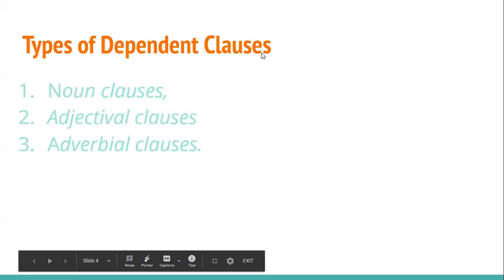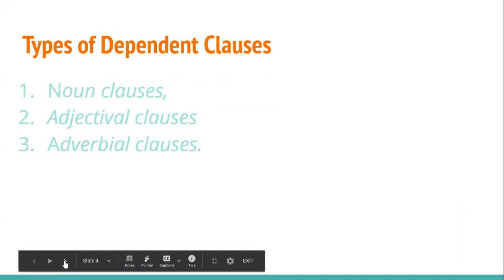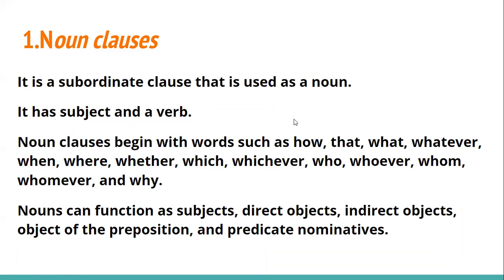So, types of dependent clauses. There are three different types: noun clauses, adjectival clauses, and adverbial clauses. Noun clauses are those in which the subordinate clause acts as a noun.